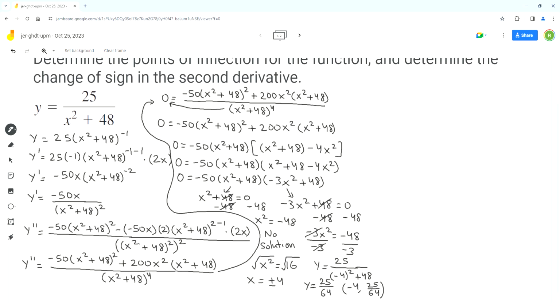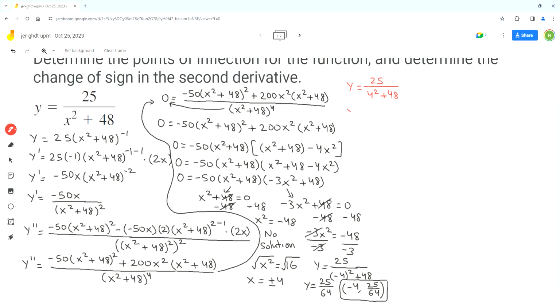So this is the first inflection point. Now we can find the second inflection point by subbing in x as positive 4 in the y equation. So y equals 25 over 4 squared plus 48, and 4 squared is equal to 16.